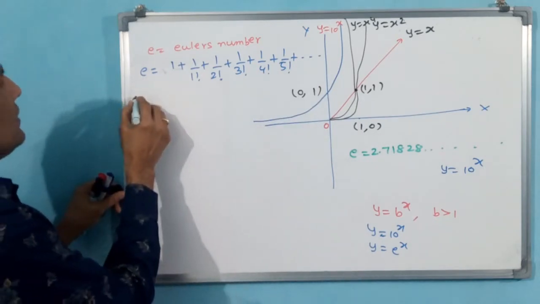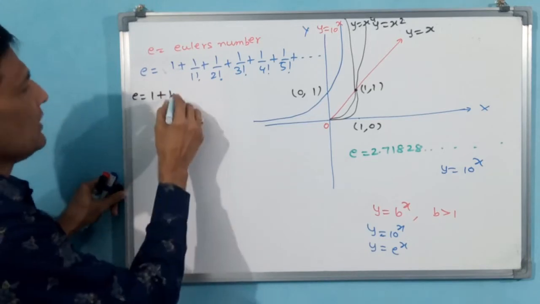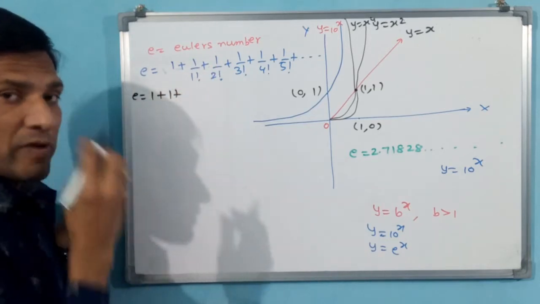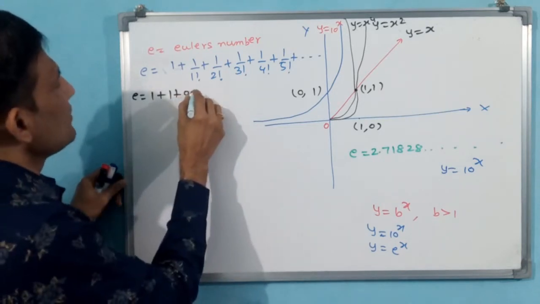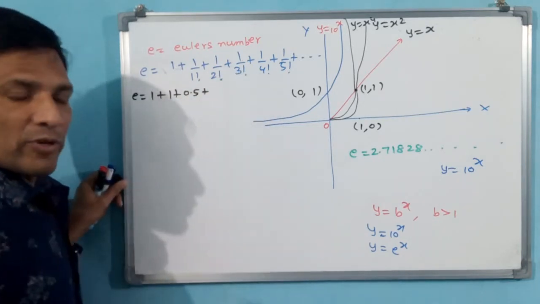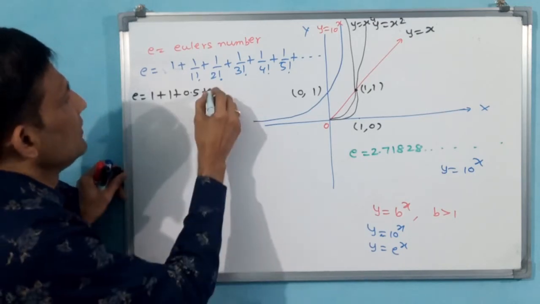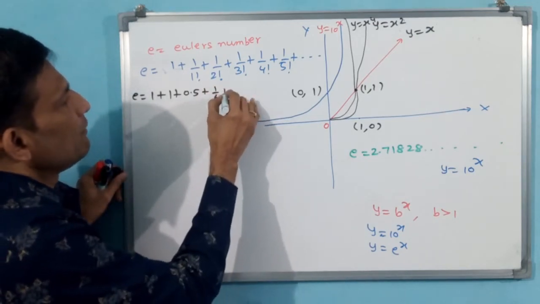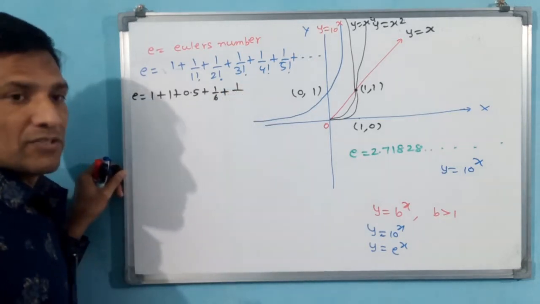Why? Because e is equal to 1, okay. 1 by 1 factorial means also 1 only. 1 by 2 factorial: 2 factorial is 2 into 1, 2. 1 by 2 means 0.5. 3 factorial, 1 by 6. Plus 1 by 4 factorial, 4 into 6, 24.